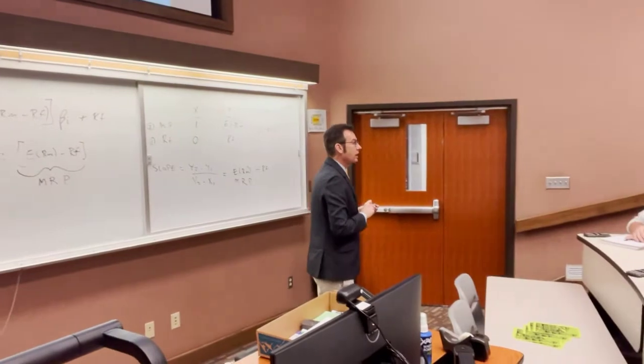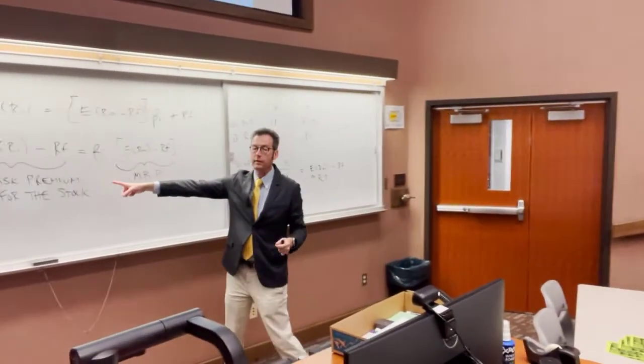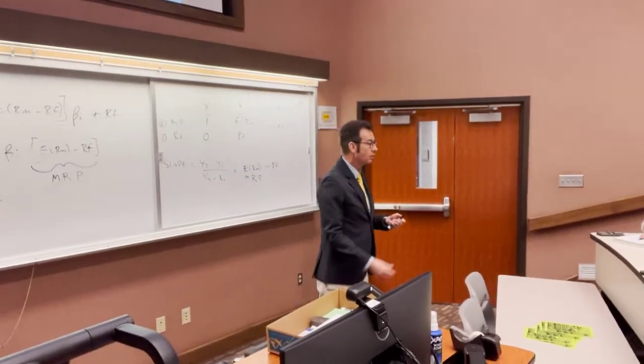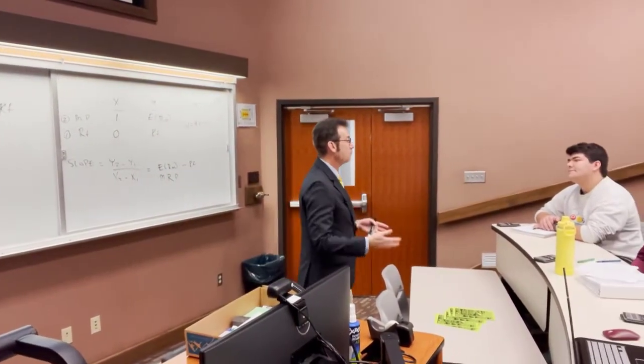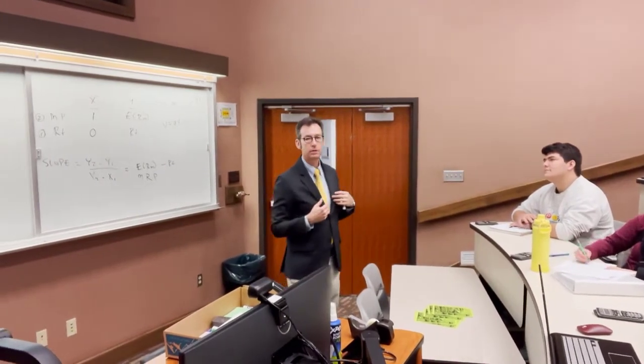And so if a stock has a beta of 3, its risk premium is going to be 3 times as much as that of the market. And that makes perfect sense because we know risk and reward have to go together. Does that make sense?